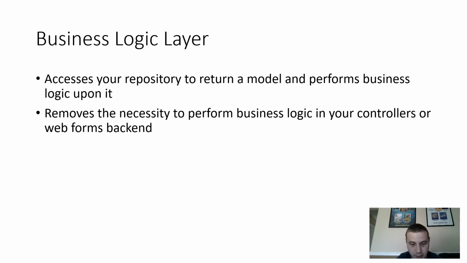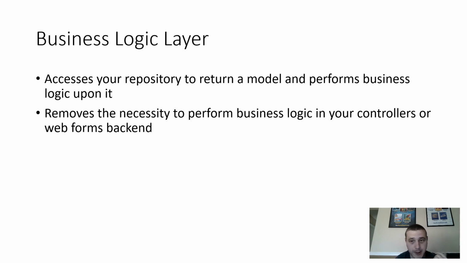Let's say that you wanted to send data back to the user, to the UI, and you wanted to sanitize data before you pass it down to the UI just in case. So let's say you have a user model and you don't want to send that user model with the user's password back to the user interface. What you could have the business logic layer do is wipe out that password property within that user model.